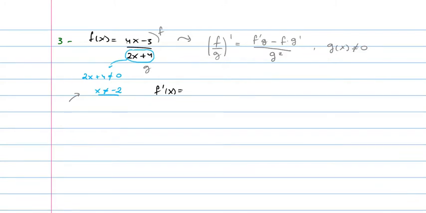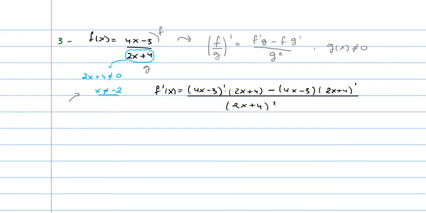We have the derivative of f. F we said 4x minus 3 times g, that is times 2x plus 4, minus f times the derivative of g, and all this divided by 2x plus 4 squared. So that was very easy.